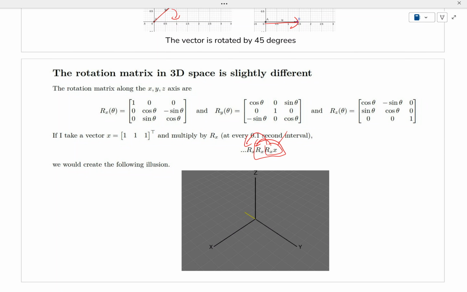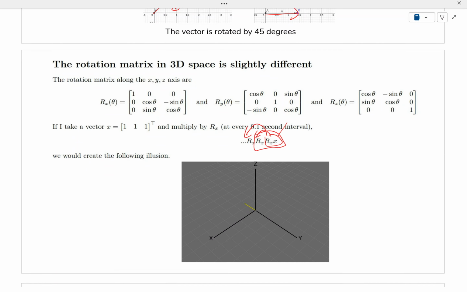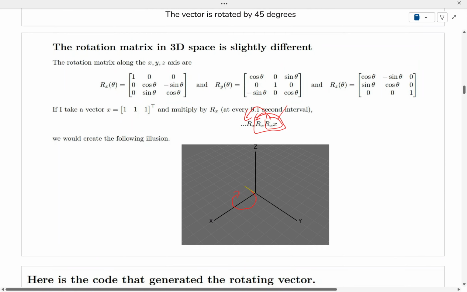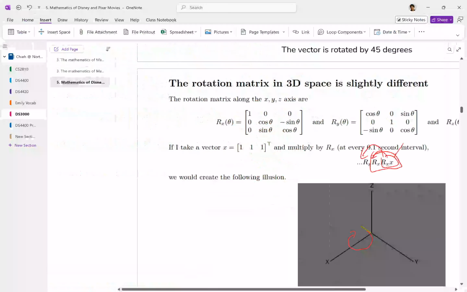Every time you multiply by Rx, you essentially rotate the vector. In mine it doesn't show, but it shows on yours that this vector rotates around the axis. Let me see if I can show it really quickly.